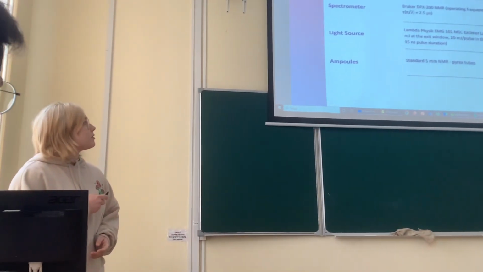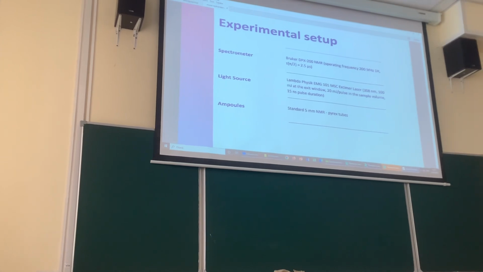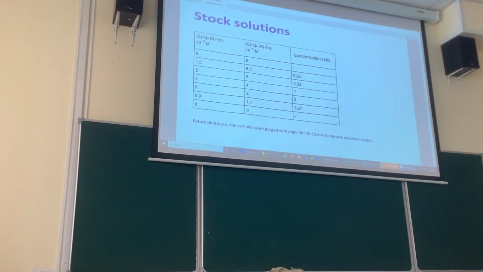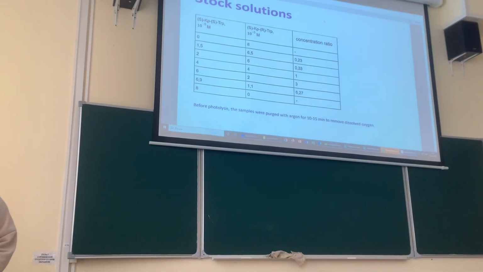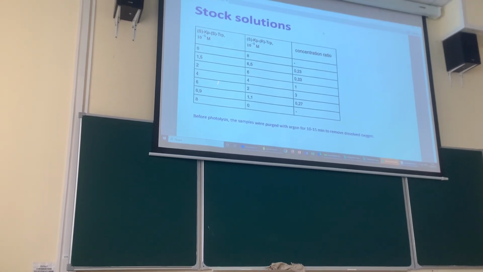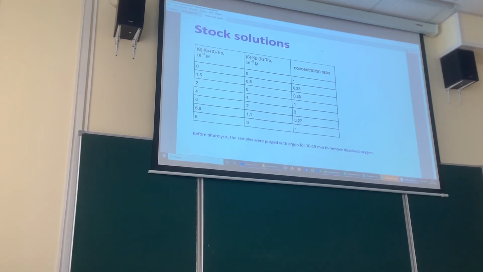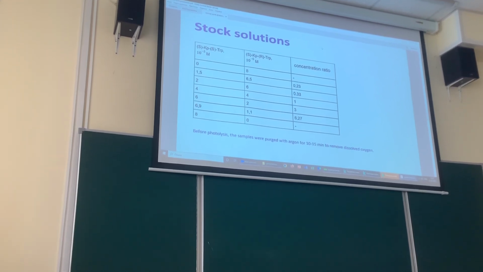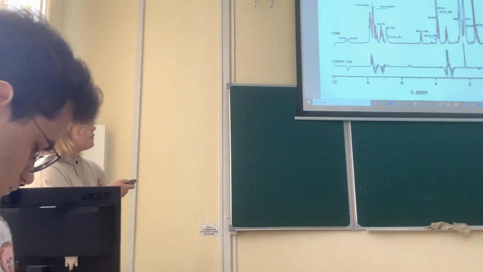This is my experimental setup: spectrometer, light source, and ampoules, which are pretty basic. I prepared stock solutions to minimize errors with different concentration ratios. This is the concentration of the SS isomer, and there's another one, the SR dimer.